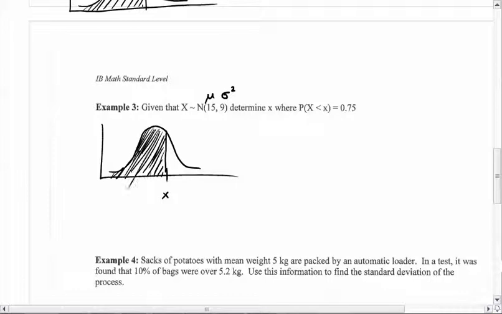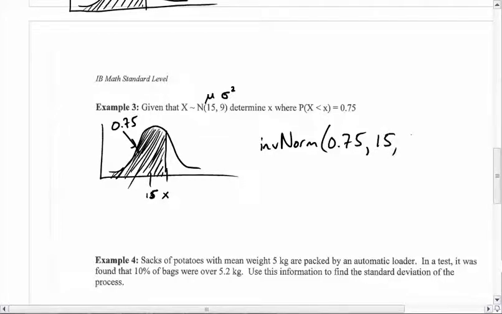So the middle is 15. So the answer is going to be something a bit bigger than 15. So to do this, we'll do the inverse normal. First thing we put in is the percentage that we want. We want 75% of the graph colored, and then the mean, and then the standard deviation.